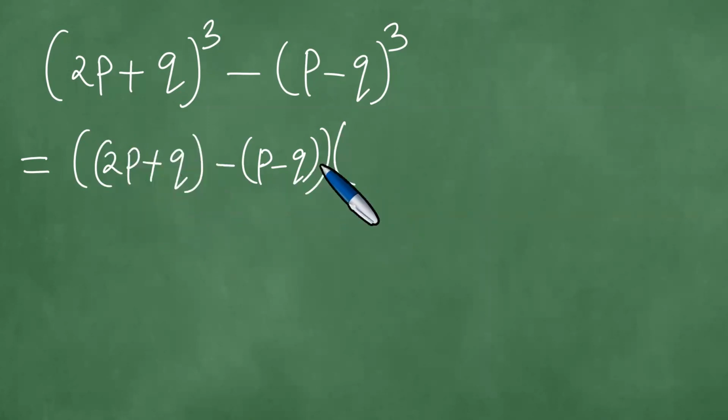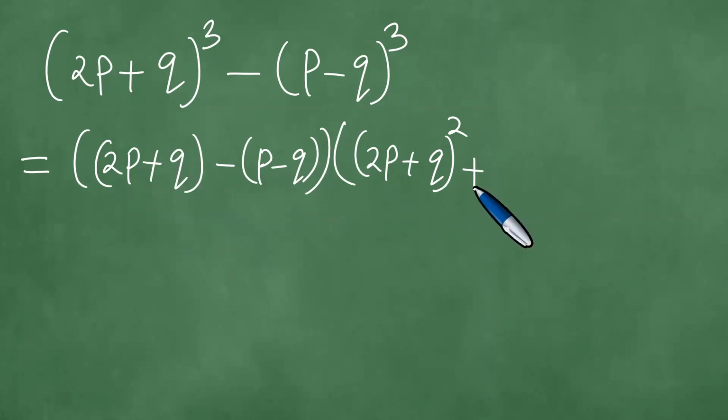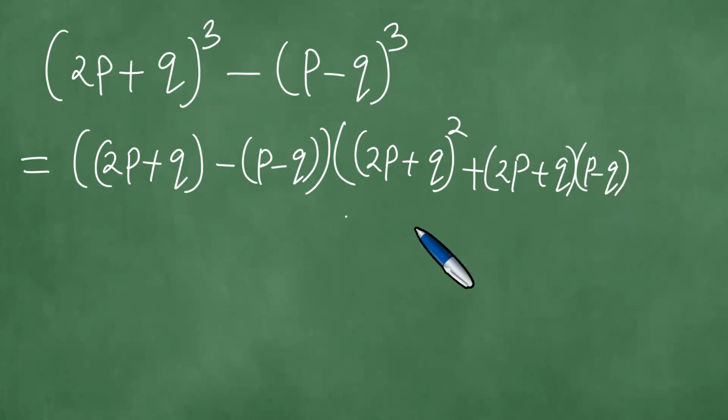Then we square the first binomial expression. So we write (2p + q), and we square it. Next, we multiply this binomial by that binomial, and by -1, so it becomes plus 2(p + q)(p - q).